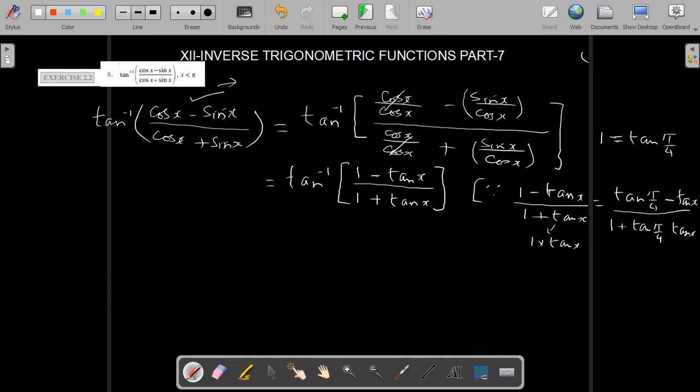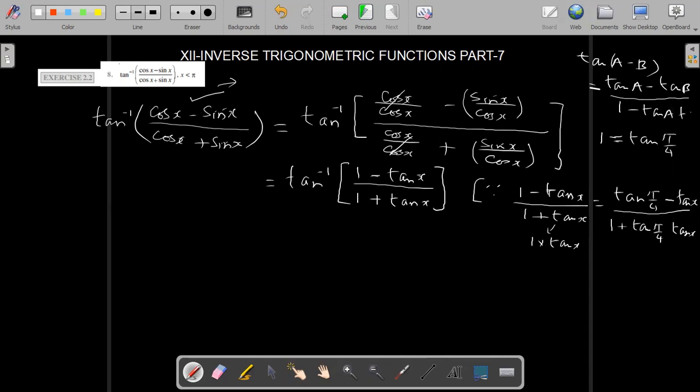You know that tan (a minus b) is equal to (tan a minus tan b) upon (1 plus tan a tan b).